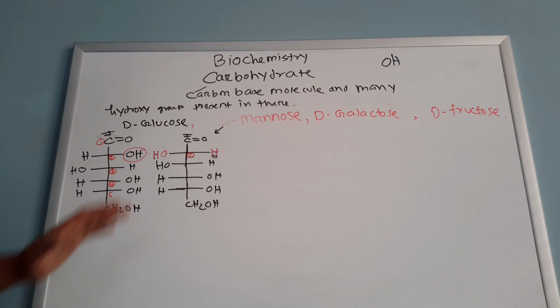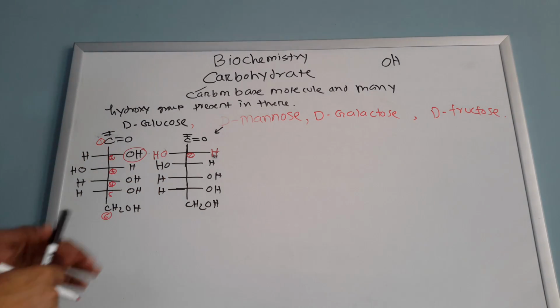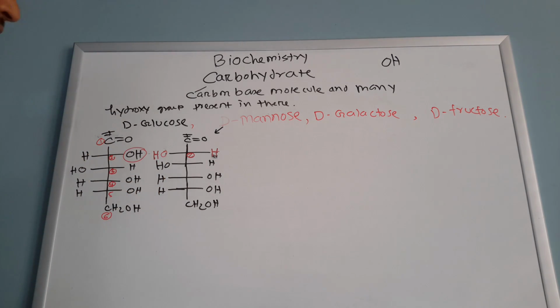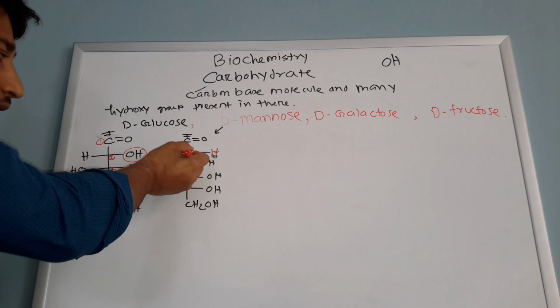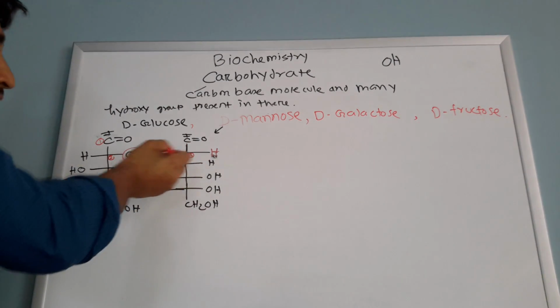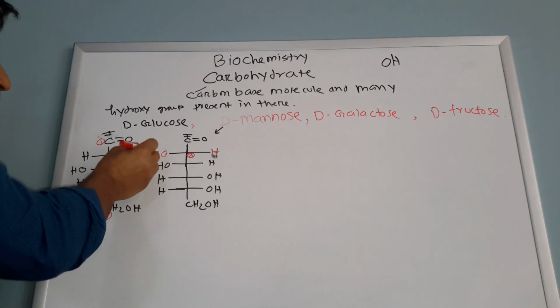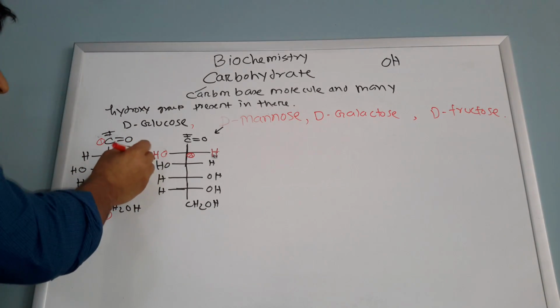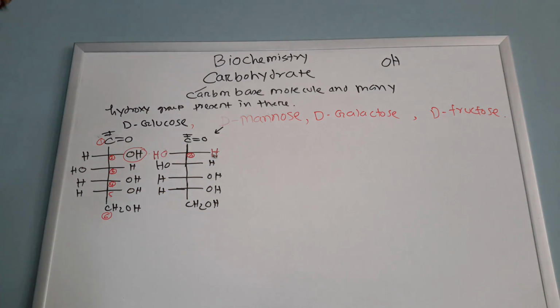Carbon number 2 is an asymmetrical carbon. In D-glucose the OH is on the right side, but in carbon number 2 of D-mannose OH is on the left side.